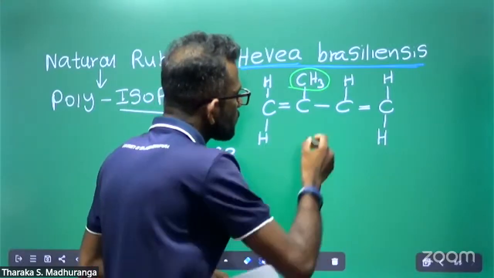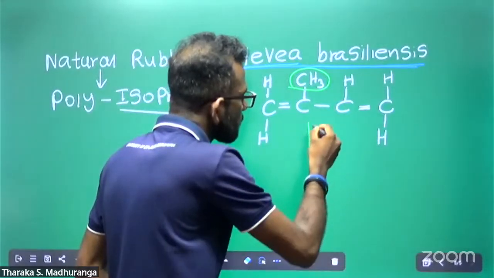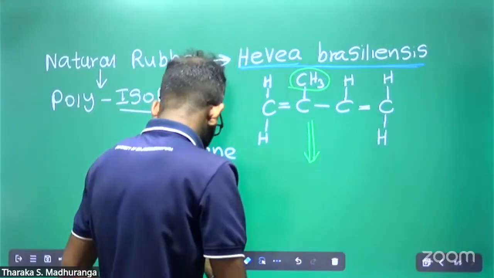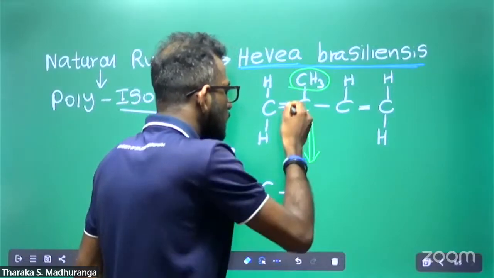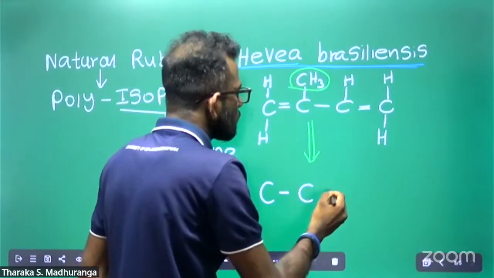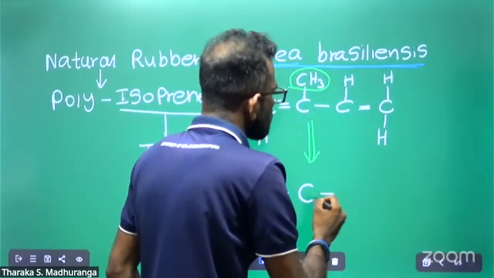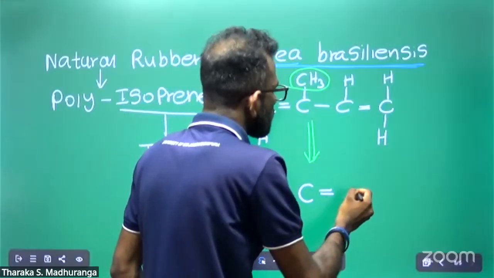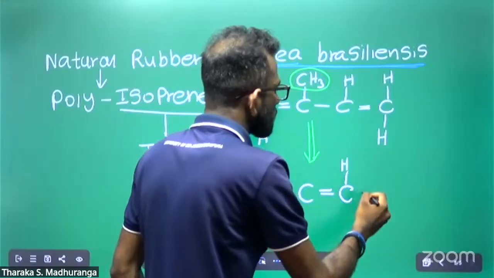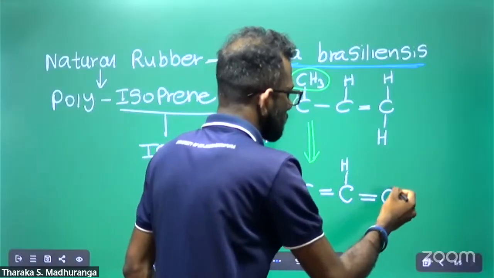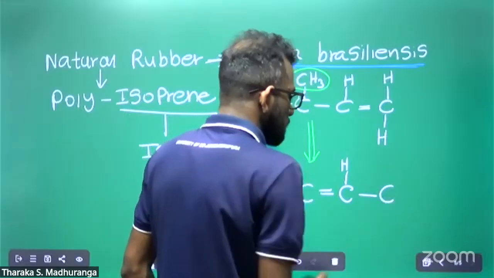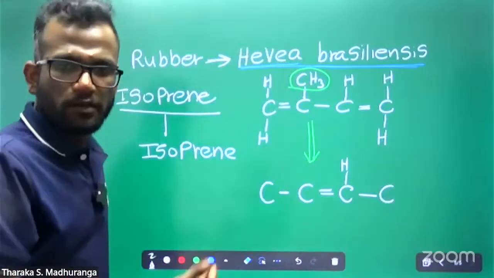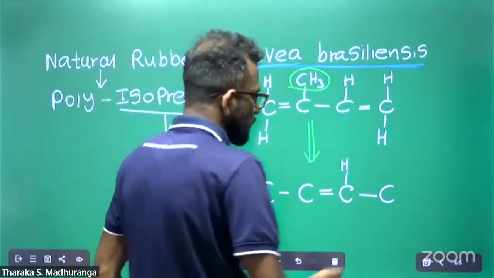Then you can see the polymerization process is like this. One double bond is removed. This one also, one double bond is removed to bond with other isoprenes.